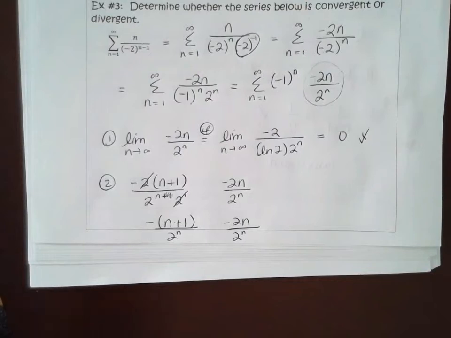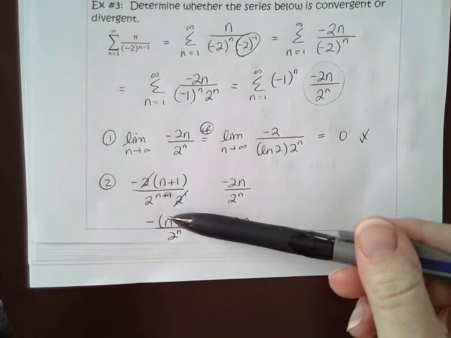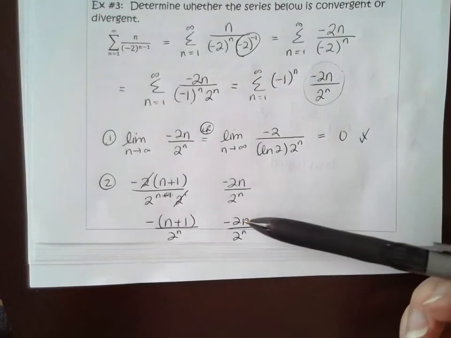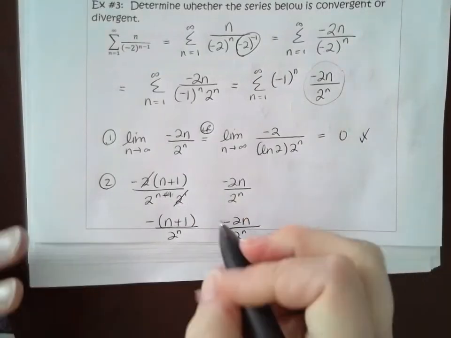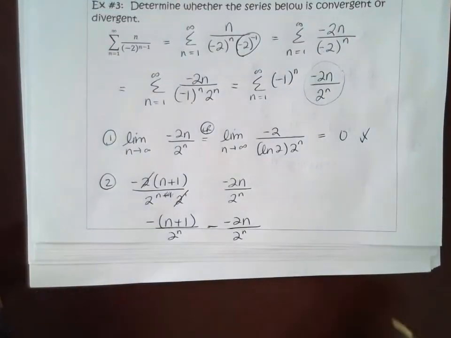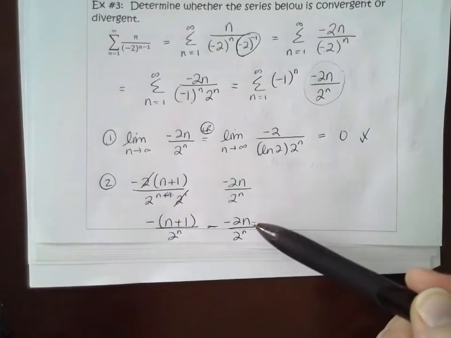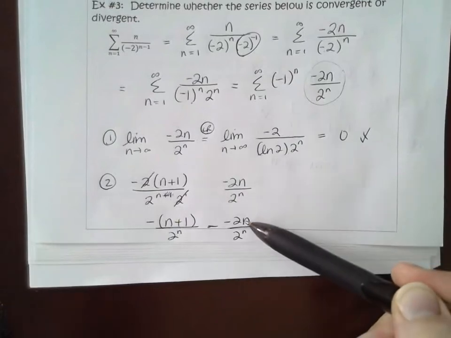The denominators are the same, but what about the numerators? If I plug in 1, I get negative 2 here, and I get negative 2 here. Okay, so at least at that number, they're the same. If I plug in 2, I get negative 3 here, and negative 4 here.